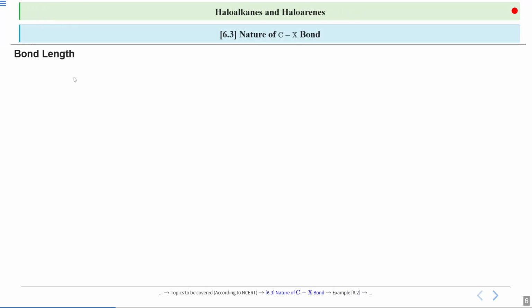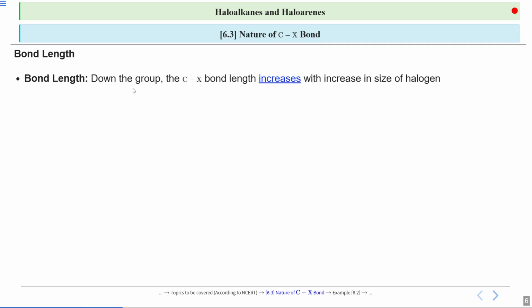If you talk about the bond length, that means the length of the bond forming between the carbon and halogen, if you move down the group, the carbon halogen bond length increases with the increase in the size of the halogen. In the group of halogens, going down the group, the bond length increases because the halogen size is increasing.